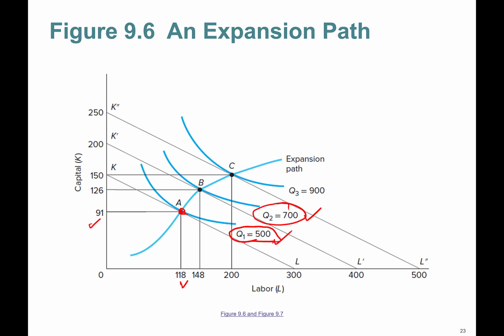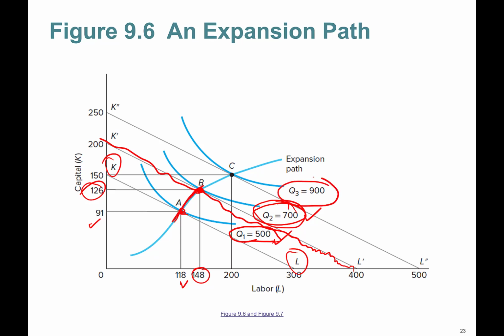So what you're seeing here is that now the optimal point, I'm moving to a higher cost isocost curve, right? My costs are going up. I can't really produce 700 units using KL isocost curve. So I'm moving to a higher isocost curve. Optimal combination is at point B now, which uses 148 labor and 126 capital. All right, so I'm combining these 2 points.